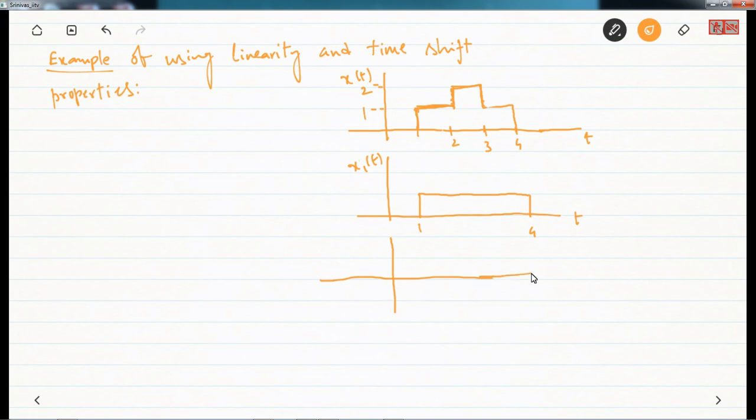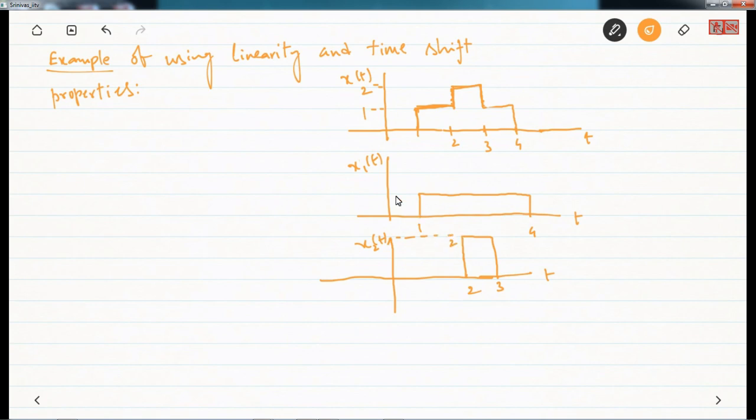And you can find the Fourier transform of this other signal, which is from 2 to 3. This is t, and this is x2 of t.